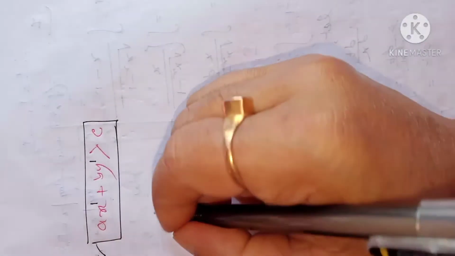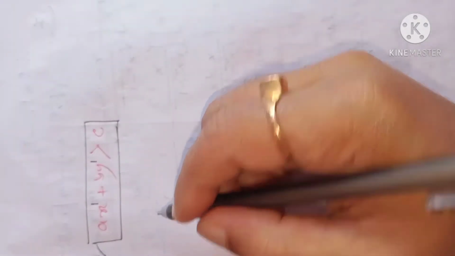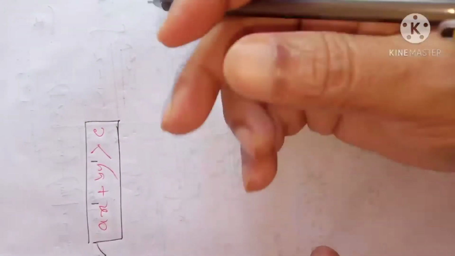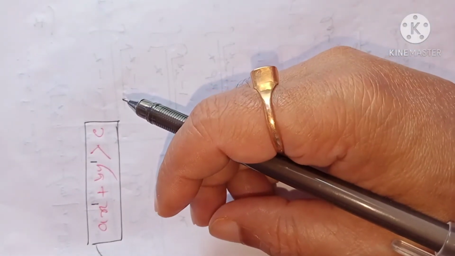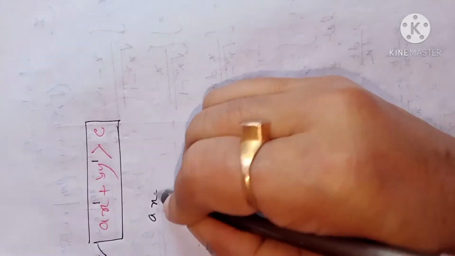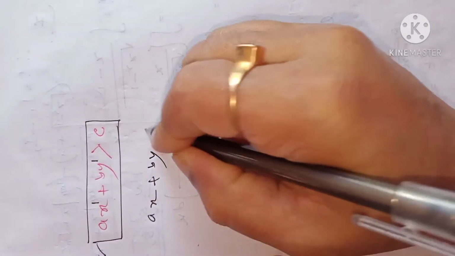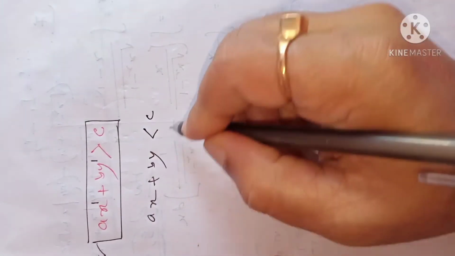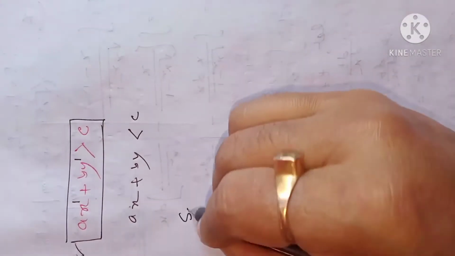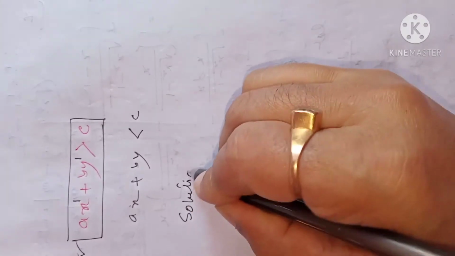There can be inequalities where a quadratic expression is also used, but in our discussion this type of inequalities only we will consider, like ax plus by less than c or equal to.